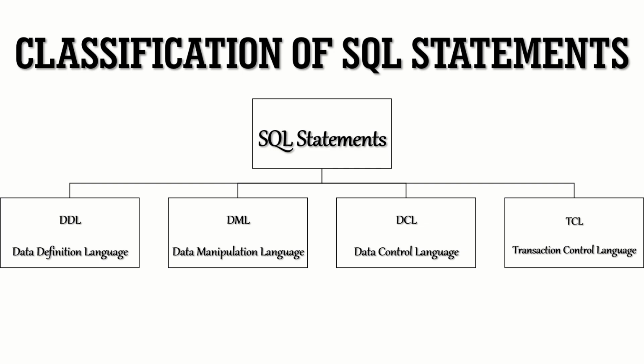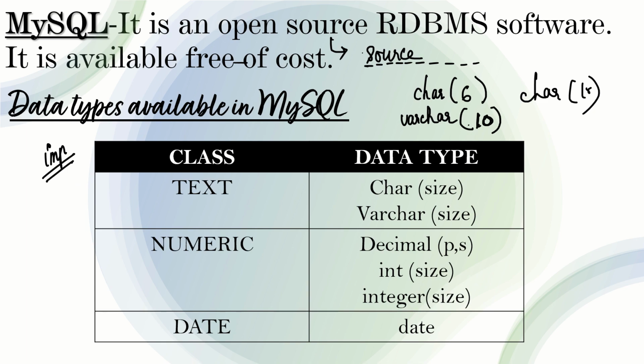We use varchar in order to save space. If we use char of 10 and the word only has 6 letters, then after occupying the 6 spaces, 4 spaces will be empty. It is a loss of space, right?